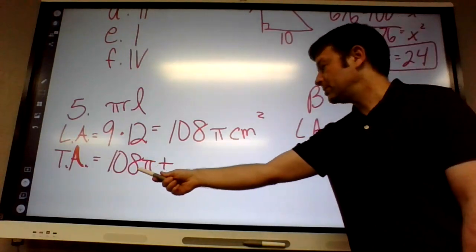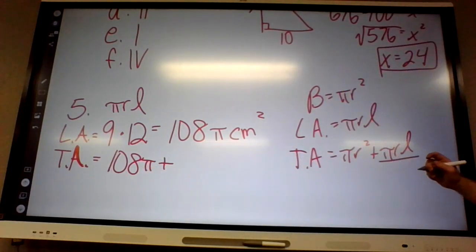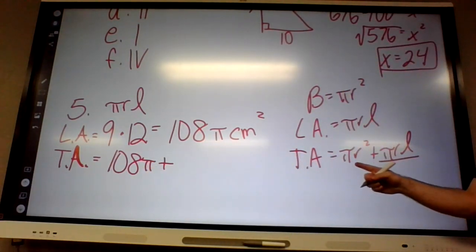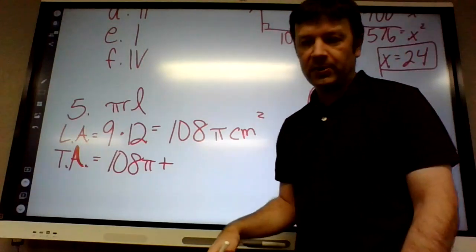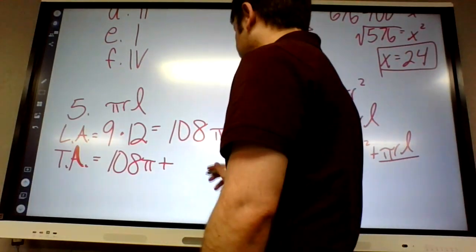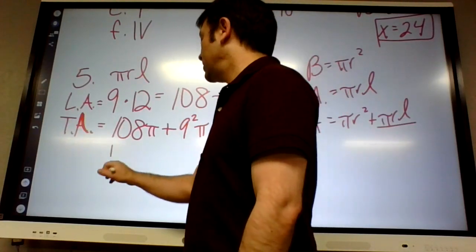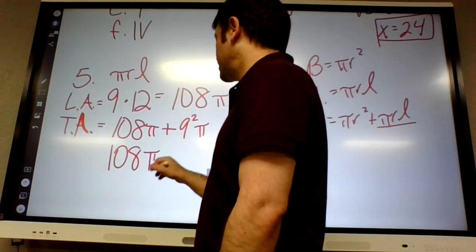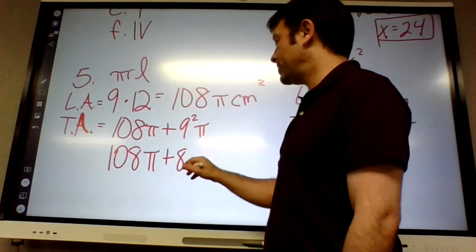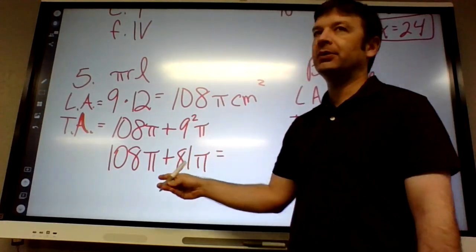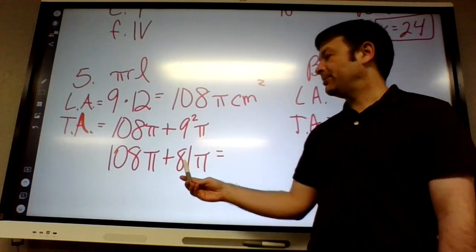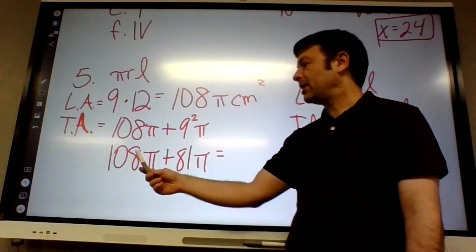We already did this part. So we're just missing the base, pi r squared. What was the R? 9 squared. Okay, so if you have 108 pi plus 9 squared, which is 81 pi, you can add those together. They're like terms.